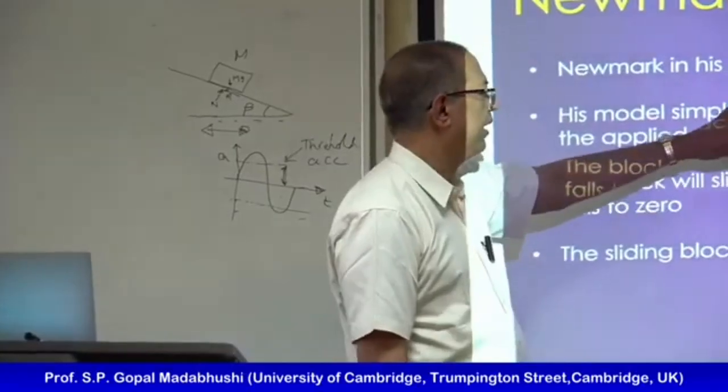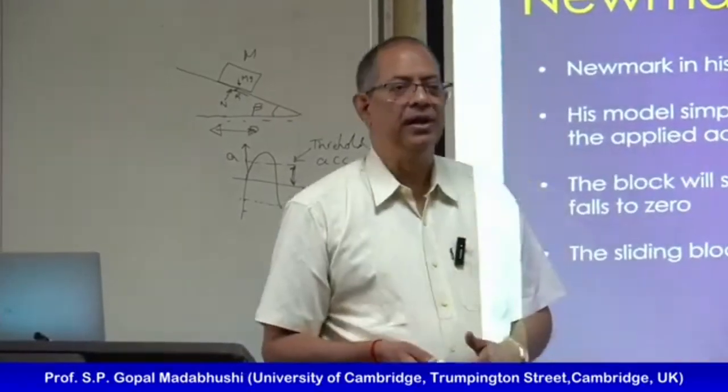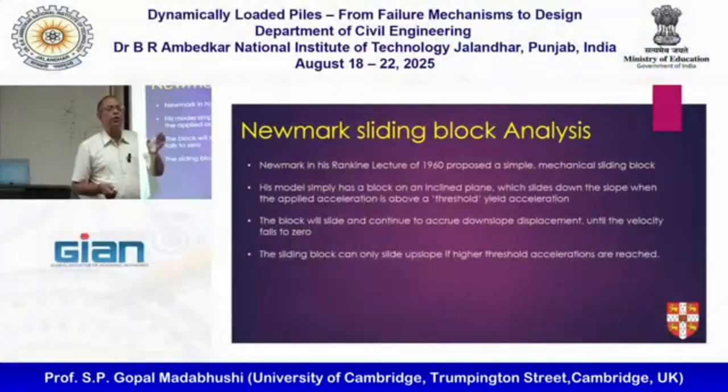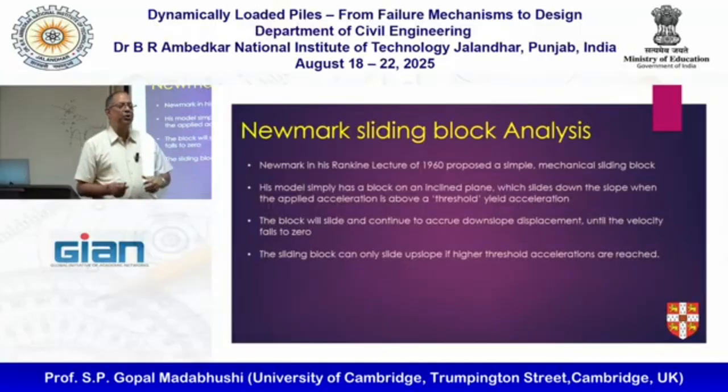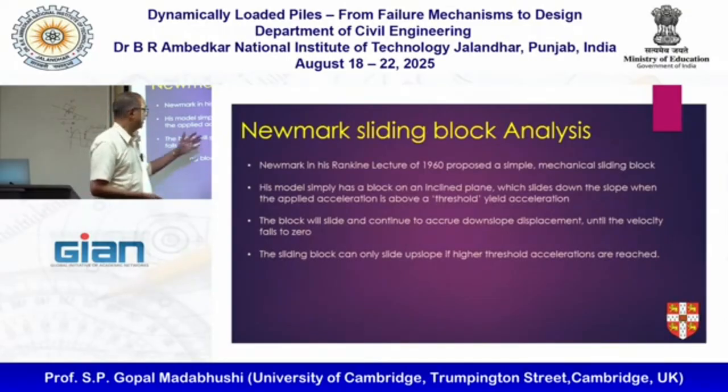So he's done this for earth dams and how these slopes fail. If you go back, put into Google Newmark's Rankine lecture, it's all online, and he's done it to show earth dams can fail because of these type of accelerations. The upslope and downslope of an earth dam can fail because of this.